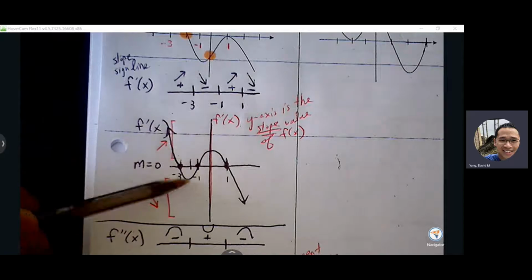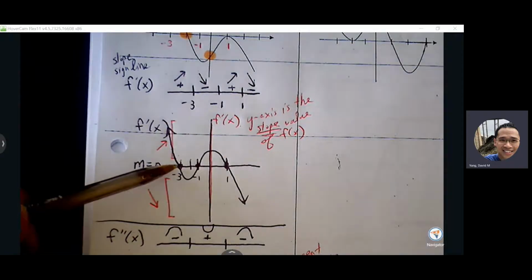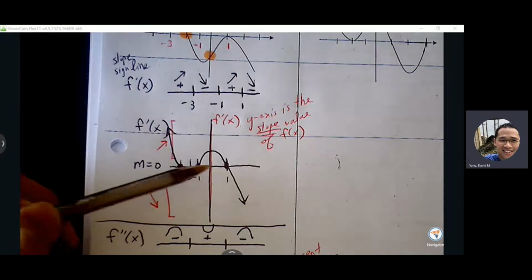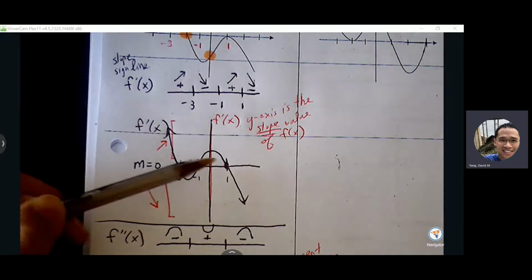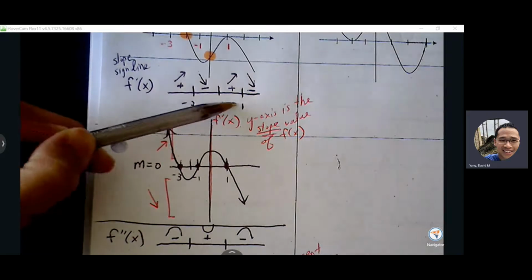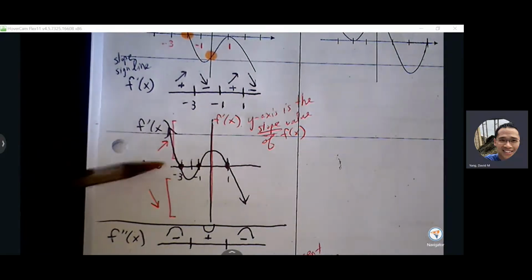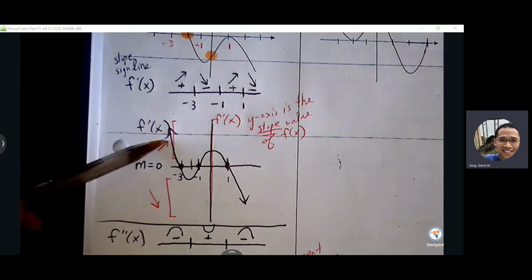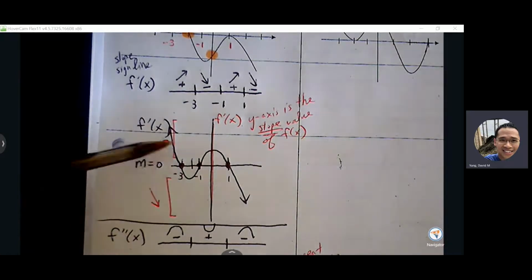So if I start off with the derivative graph, what I want to do is start with the x-intercepts. My x-intercepts are going to be the potential relative maxes and relative mins of the original graph. So my x-intercepts will go onto my slope sign line. And then I want to label my graph to be at either positive or negative slope. And I just look to see where my graph is located.